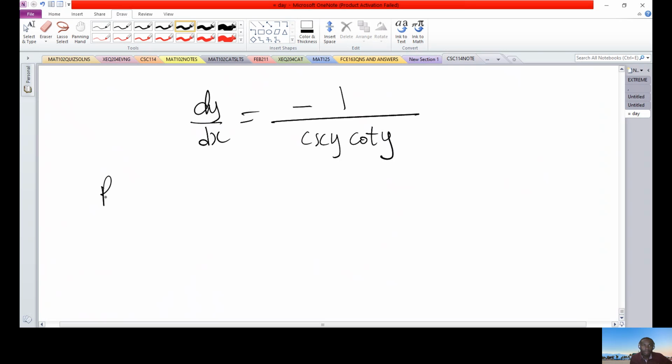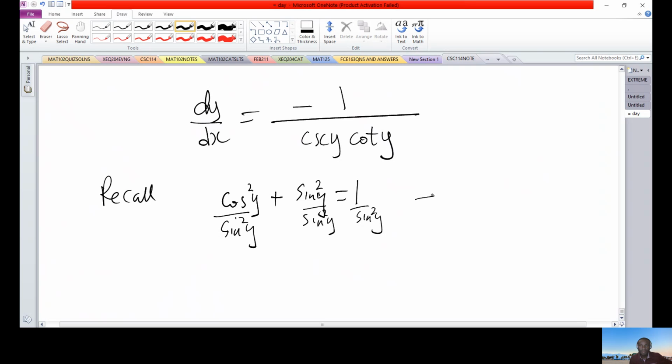So recall that cos squared y plus sine squared y equals 1. So divide through by sine squared y.